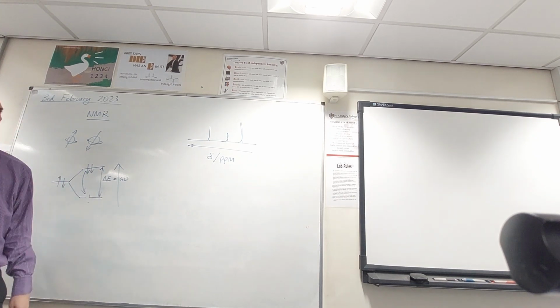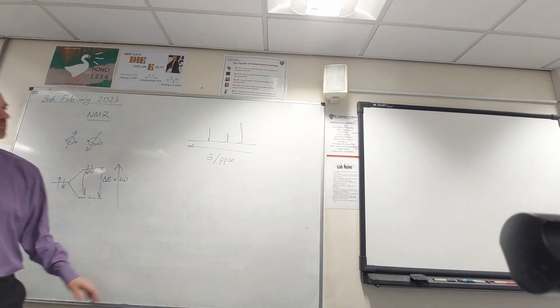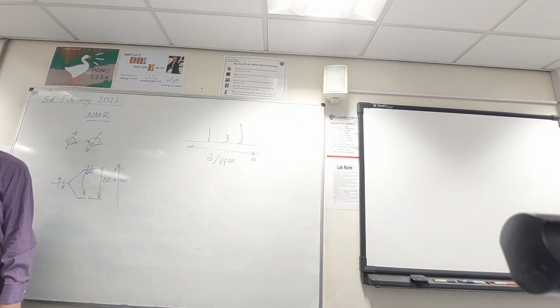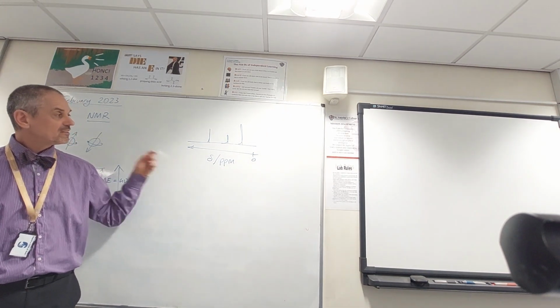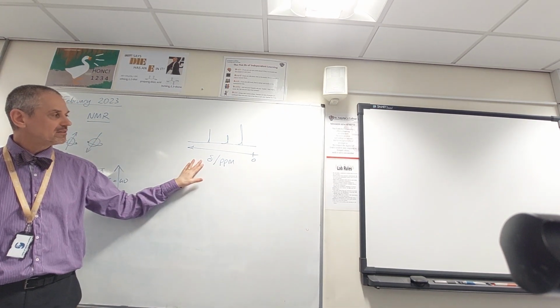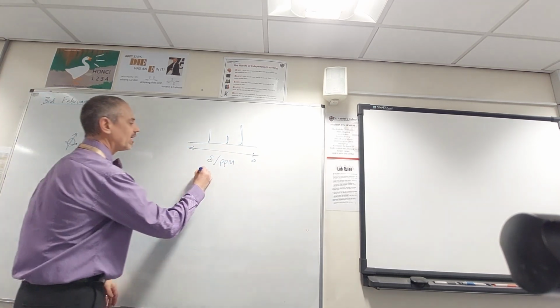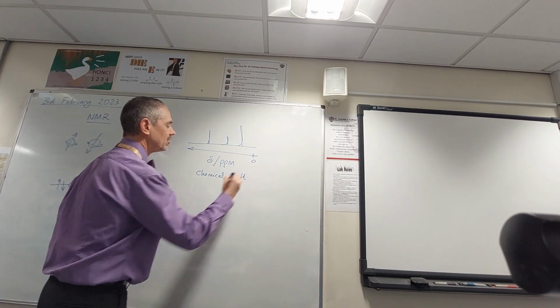Don't know who came up with that one. That seems to go against everything we've ever done in any other graph ever. But 0 on our NMR spectrum is always at the right. And then we go up to the left. So we have different values for the different frequencies of absorption, and they're referred to as chemical shift.